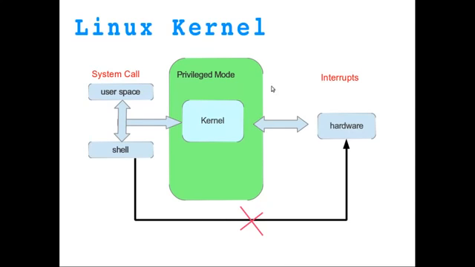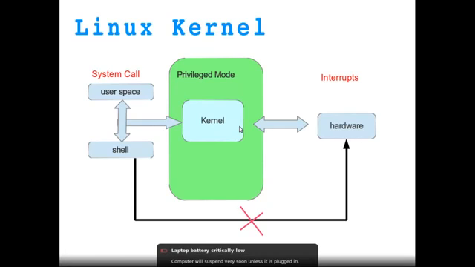In turn, the kernel makes its form of a call to hardware via interrupts. So the hardware interrupts the kernel, tells it it has data for it, or the kernel talks to the hardware, writing information to the hardware.